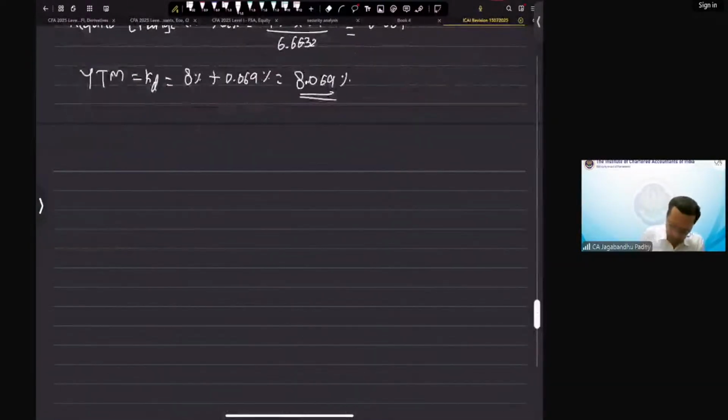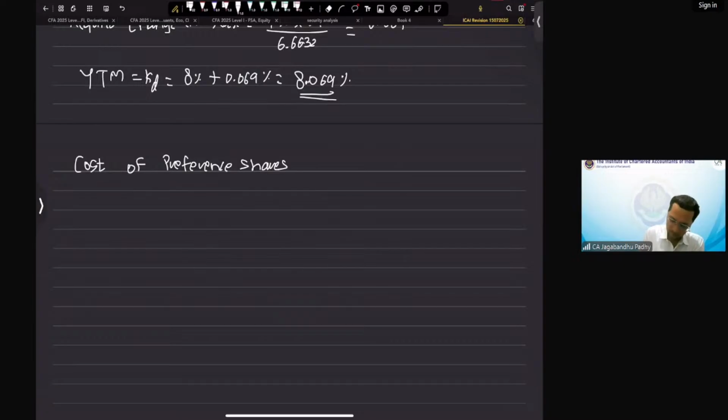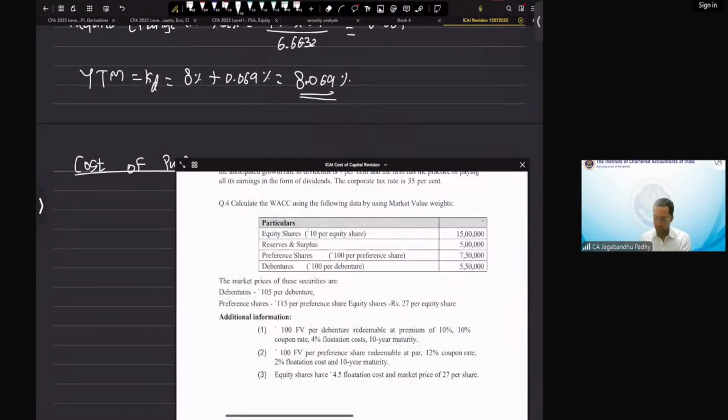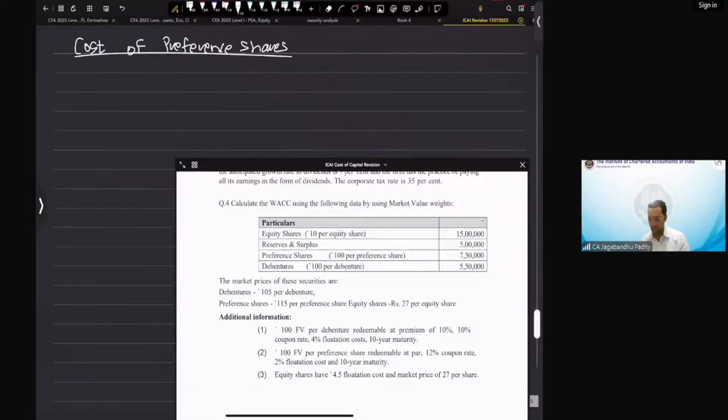Now, same way, we have to do for cost of preference shares. When we're calculating the cost of preference share, we have the information of face value to be 100, redeemable at par, 12% coupon rate. So the preference dividend is going to be rupees 12 and 2% flotation cost.